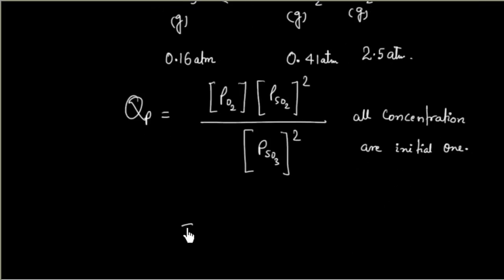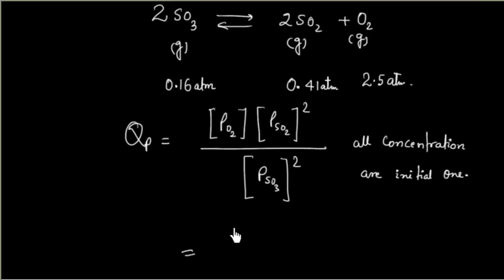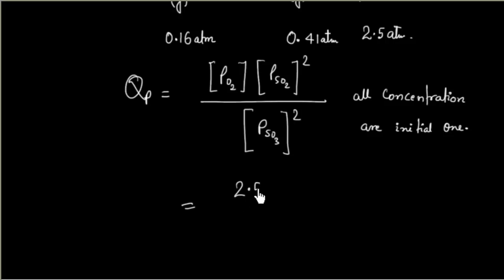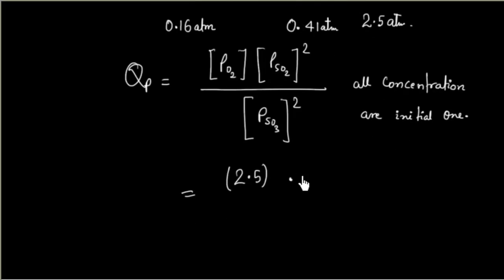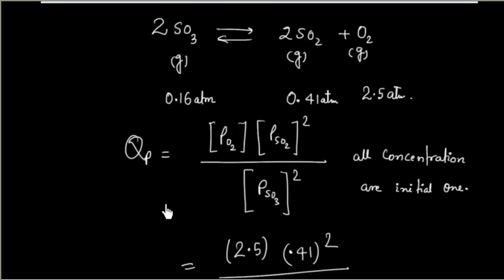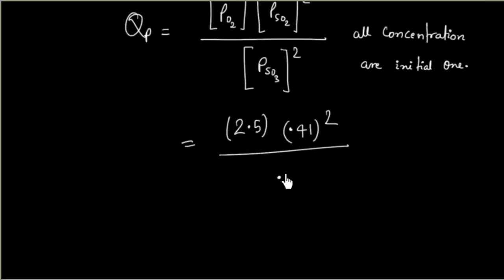If we plug in, PO2 is 2.5, PSO2 is 0.41 raised to the power 2, and SO3 is 0.16 raised to the power 2.